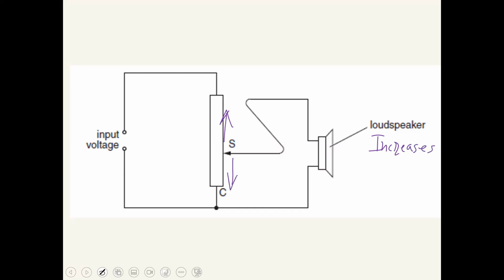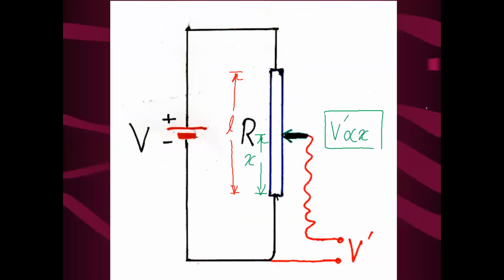If you move the slider down, the loudness will decrease. So look at this concept that this is called a single resistor circuit. And when you move the slider, the output voltage changes. Now you have to copy this screen.